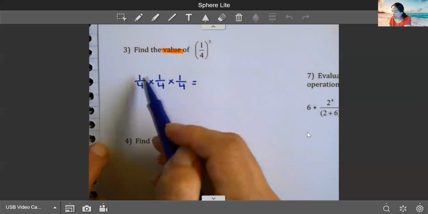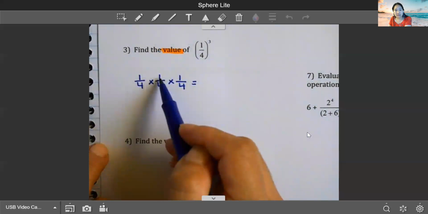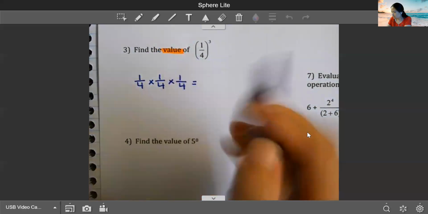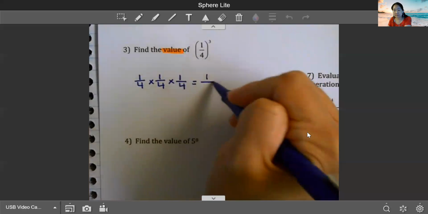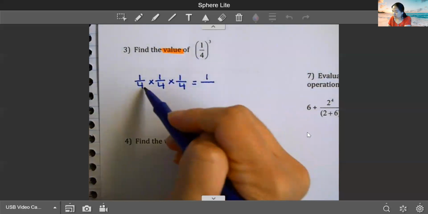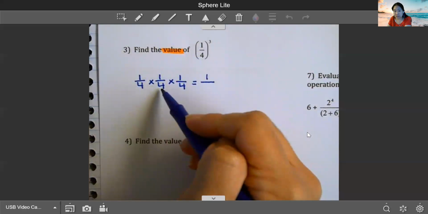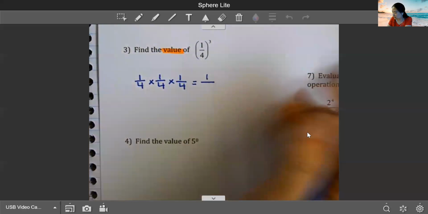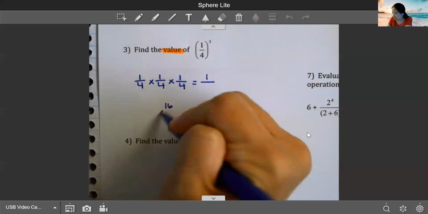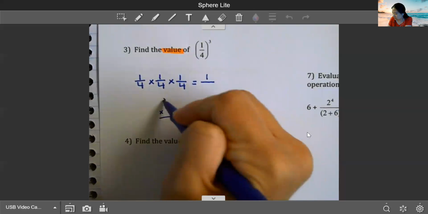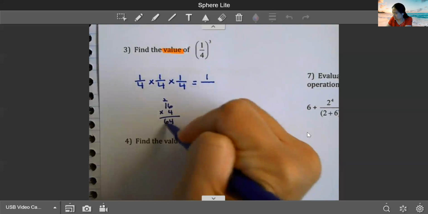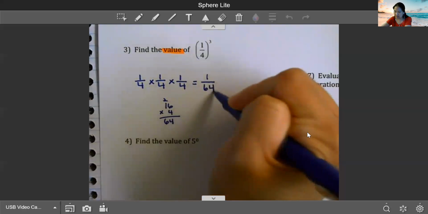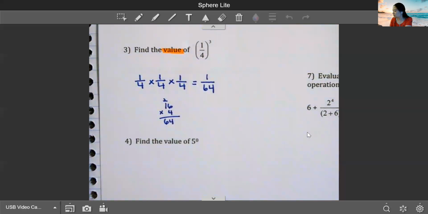Now, 1 times 1 times 1, your numerator is 1. 4 times 4 is 16, and 16 times 4 is 64. And the answer is 1/64.